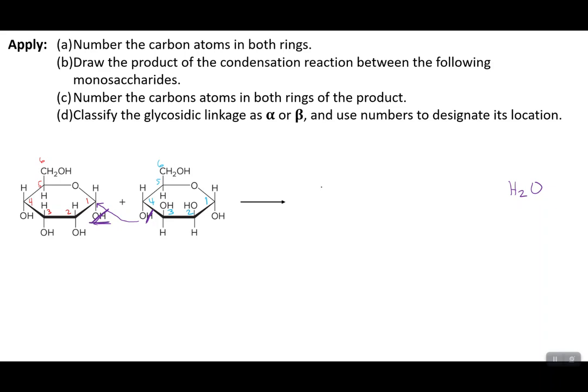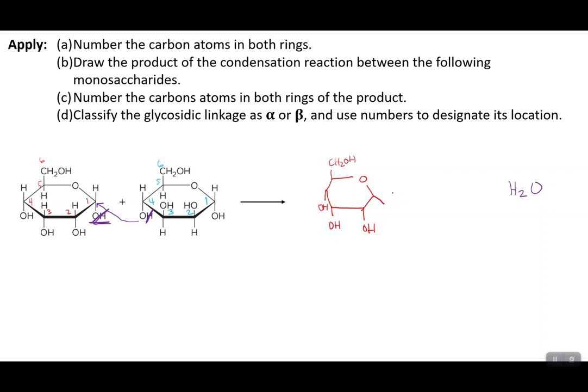So I'm going to go ahead and draw in my new disaccharide. This is my first monosaccharide. I'm going to draw in all of the OH groups that are not participating in the bond. I'm going to leave the hydrogens out for now for clarity. And then that means that I still have my alpha orientation. The bond is still pointing down.